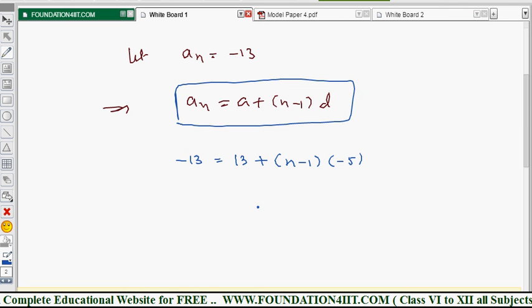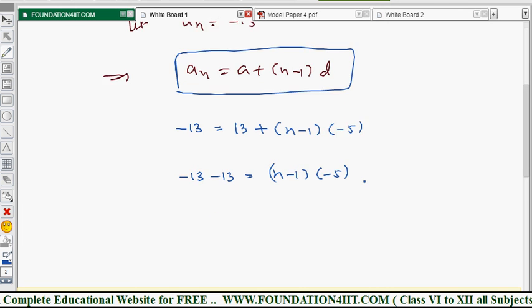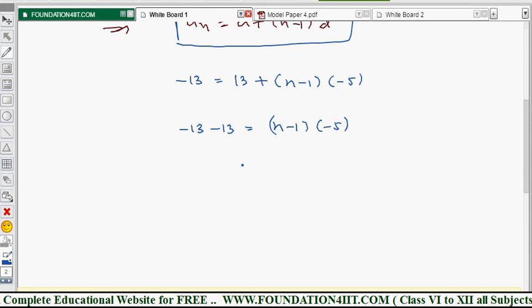Take these values to one side. 13 taken to this side, minus 13 minus 13 is equal to n minus 1 into minus 5. From this, minus 26 is equal to n minus 1 into minus 5.